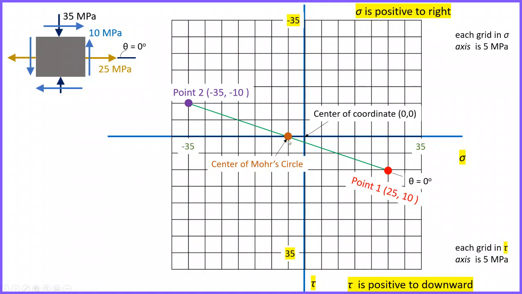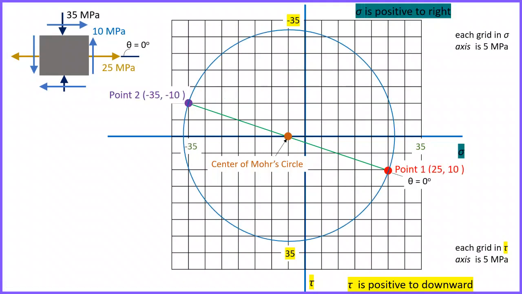Now we have the 2 points and we have our center, and the distance from the center to point 1, or from the center to point 2, is the radius of the circle. The next step is simply to draw the circle.